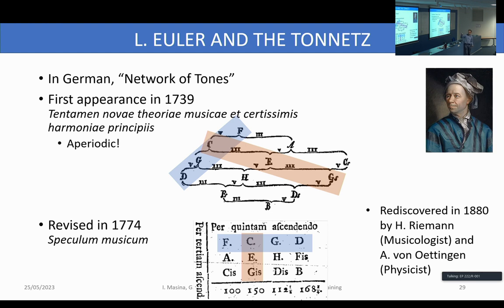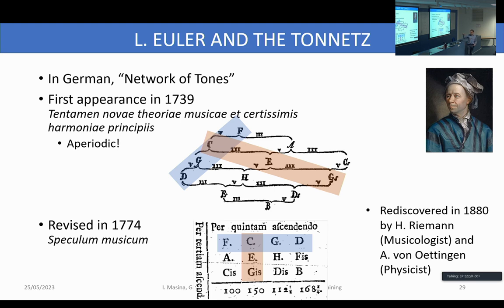And by the way, at the time, this diagram was considered aperiodic because the tuning was non-equal temperament. But now we can apply it to the 12-tone equal temperament, and in this case, when you do the full loop, it closes. You have a periodicity in this kind of scheme.